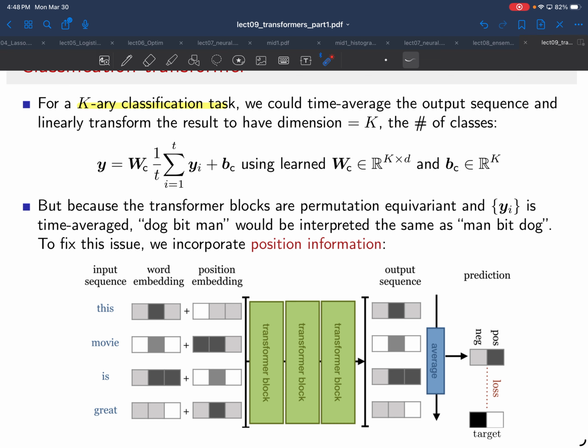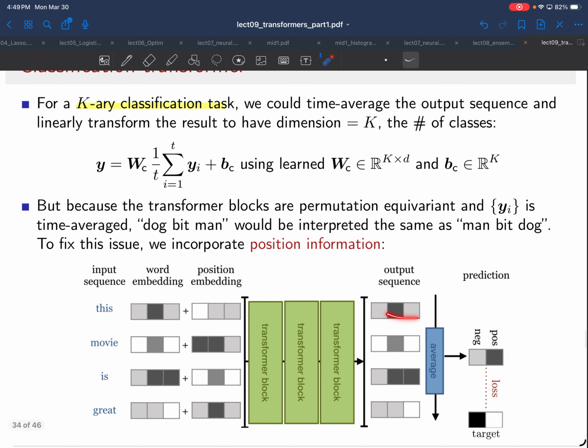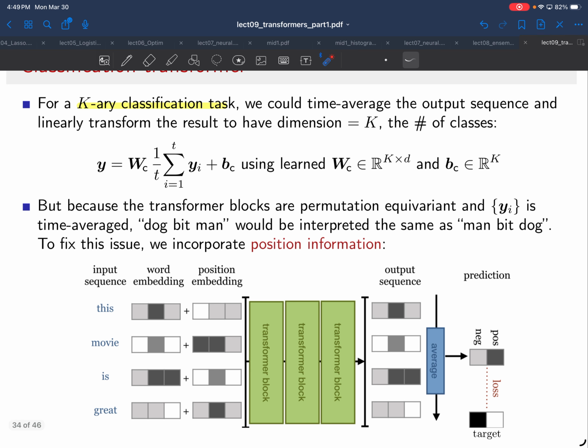But there is an important issue here. Remember how we said that the attention layers were permutation equivariant? That would mean that if you put in a sequence, dog bit man, you would get some output sequence, a refined version of dog bit man. But then we just average them, right?